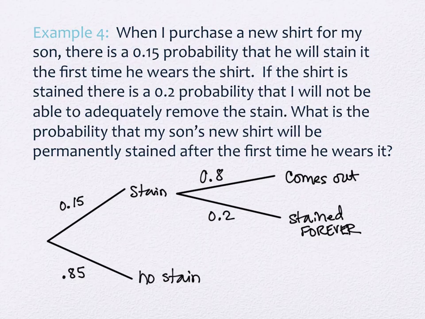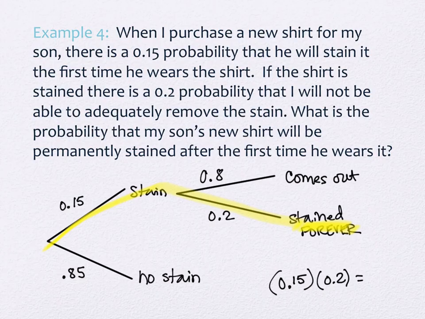And then we learned about the multiplication property for tree diagrams last time, which says that if we want to find the outcome along any branch, we just multiply the probabilities along those branches together. So this question asks, what's the likelihood that it'll be permanently stained, that's right here, stained forever, after the first time he wears it? Well, we have to follow along that branch. So we're going to multiply the 0.15 and the 0.2 together, carefully with decimals if you're doing it by hand, or even on your calculator. What will this give you?